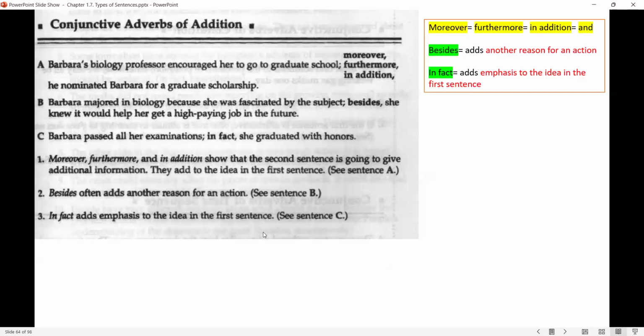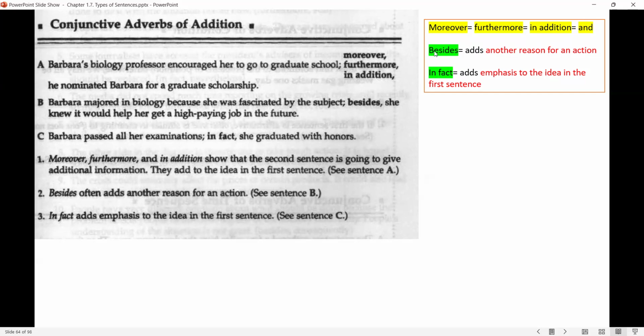The next set of conjunctive adverbs show addition. So you add information. Moreover, furthermore, in addition, all these three conjunctive adverbs have the same meaning as and. So moreover means and. Furthermore means and. In addition means and.